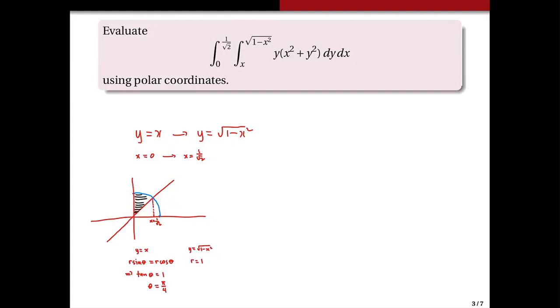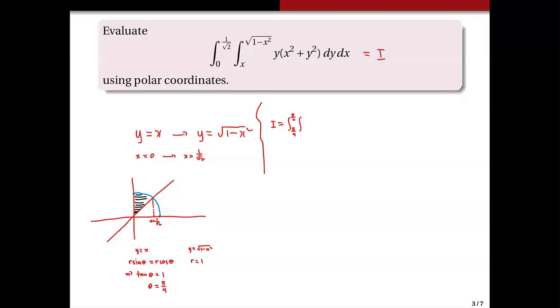So we now have, I'll just write this as capital I equals, we want the integral now. So theta will run from pi over 4 until pi over 2.